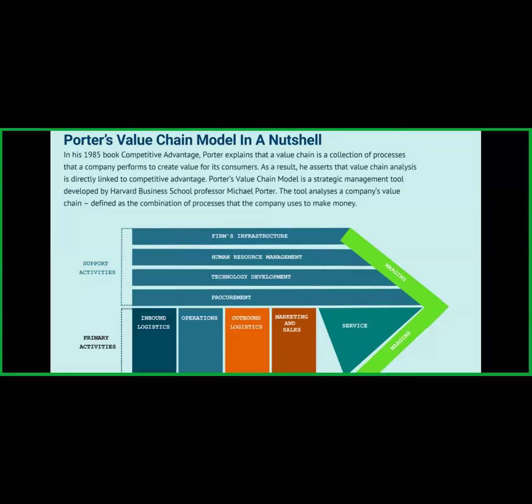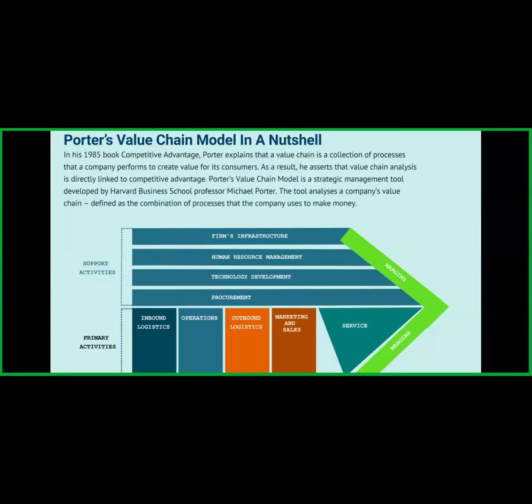In case of emergency, whether the vendor is able to supply raw material at the 11th hour. All these things are to be discussed under procurement.